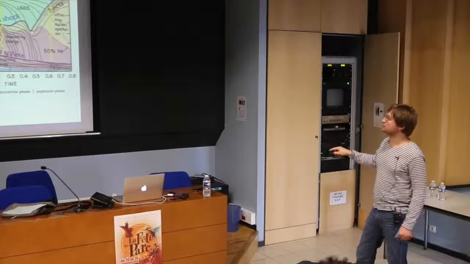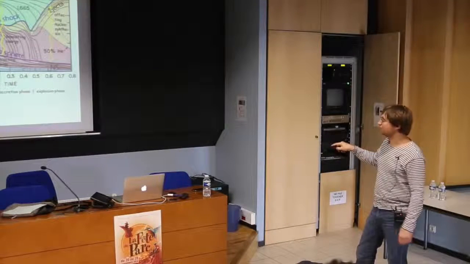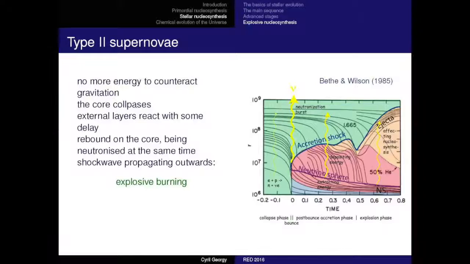So you will produce a sphere of neutrons, a core of neutrons inside your star, and this produces a huge amount of neutrinos that are emitted in a very short time.